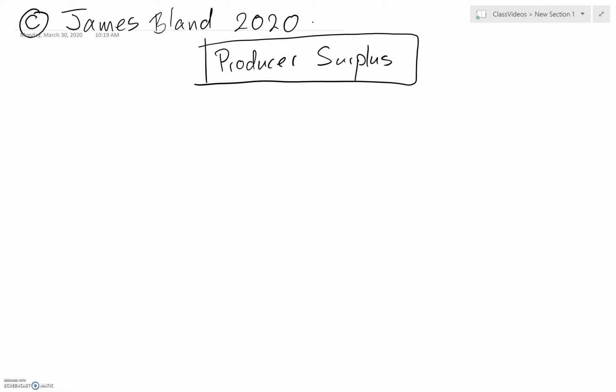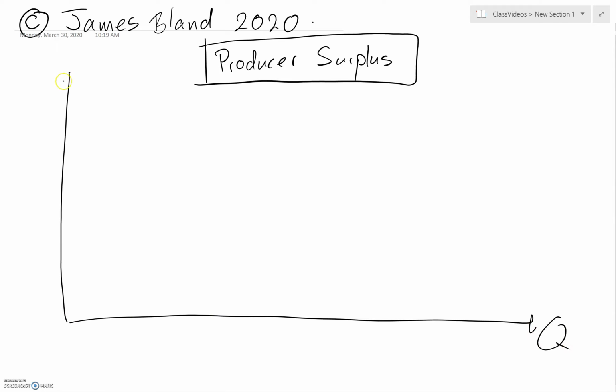So in our previous video, we looked at a stepwise supply curve that looked something like this, where we had 3 or 4 different sellers.